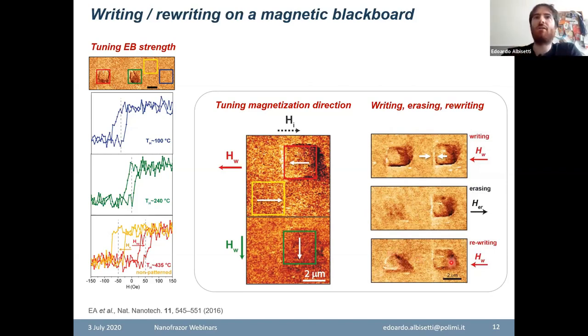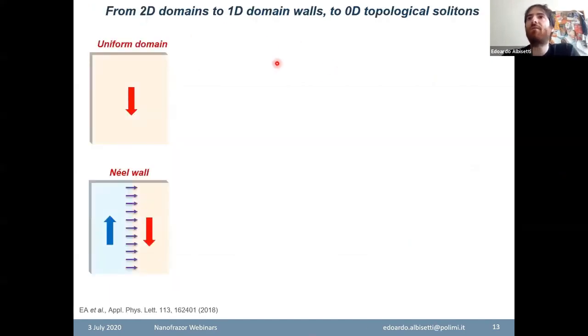So by using these two particular properties, we can go on and write something more than magnetic domains and magnetic domain walls that may also be interesting for data storage, for example. If we start with a uniform domain, a non-patterned domain, and we write a single domain here, for example by tam-SPL, with a magnetization direction that is opposite with respect to the outside magnetization, then, as I showed you before, we stabilize the domain, but we also stabilize the magnetic domain wall.